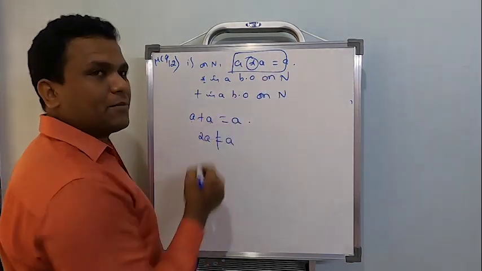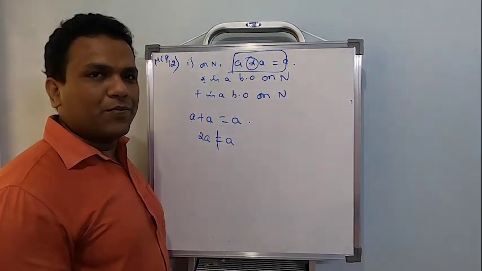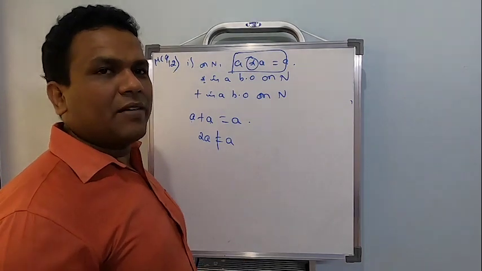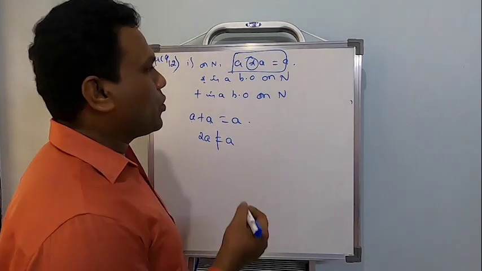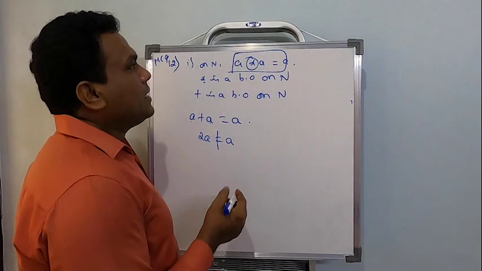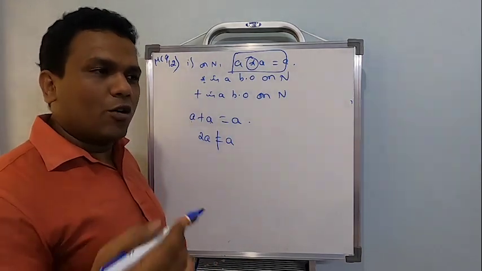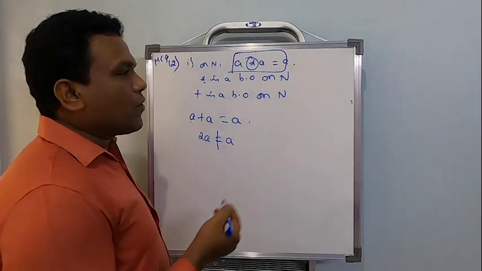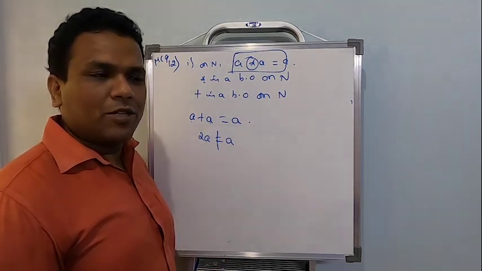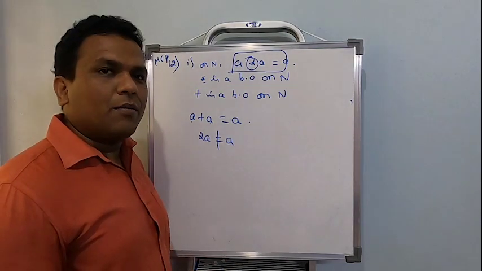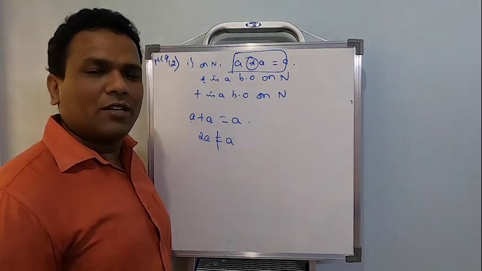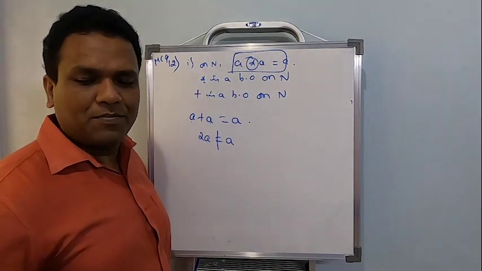Hence, the given statement is not true. So, just by giving an example, you can come to a conclusion. They said star is any binary operation on natural numbers, and I already know that addition is one. Or if you want, you can replace it by multiplication also, because multiplication is also a binary operation on natural numbers. Clear?